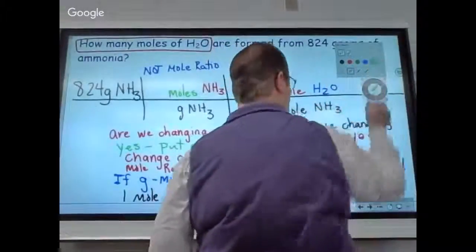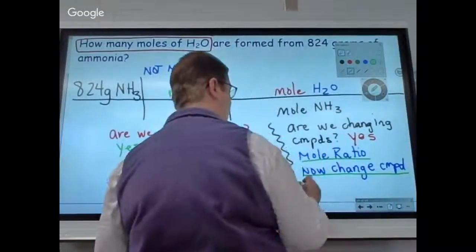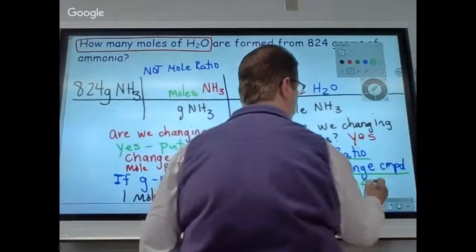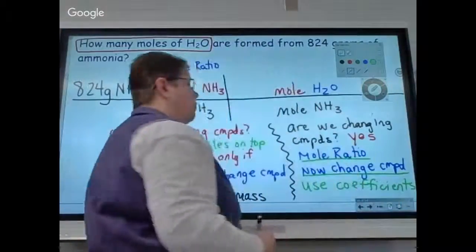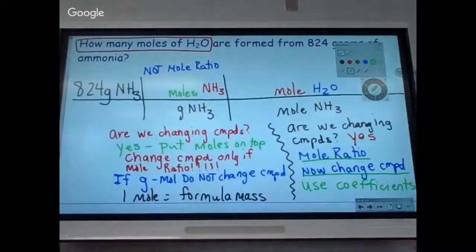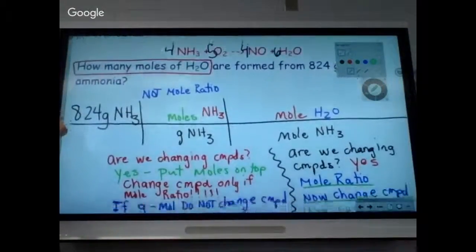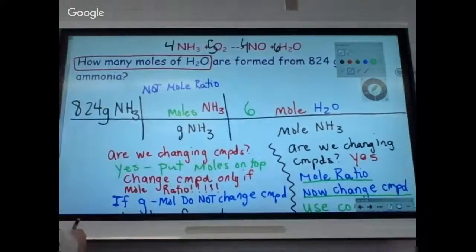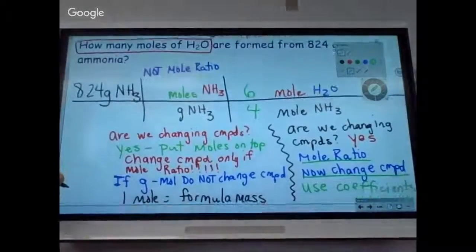So now that we have the mole ratio, you're going to use your coefficients. What coefficient do we have in front of water? Water has a 6. NH3 has a 4.